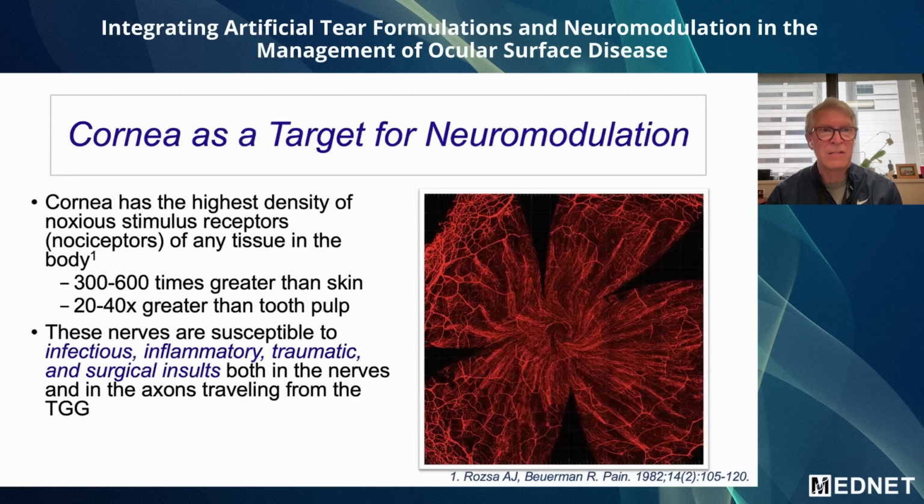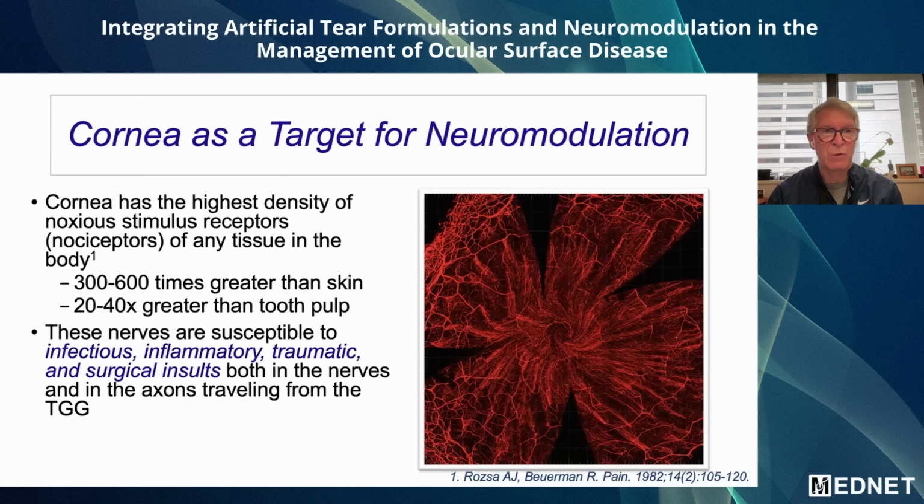The cornea has the highest density of noxious stimulus receptors, termed nociceptors, of any tissue in the body, about 300 to 600 times greater than skin and about 20 to 40 times greater than tooth pulp.